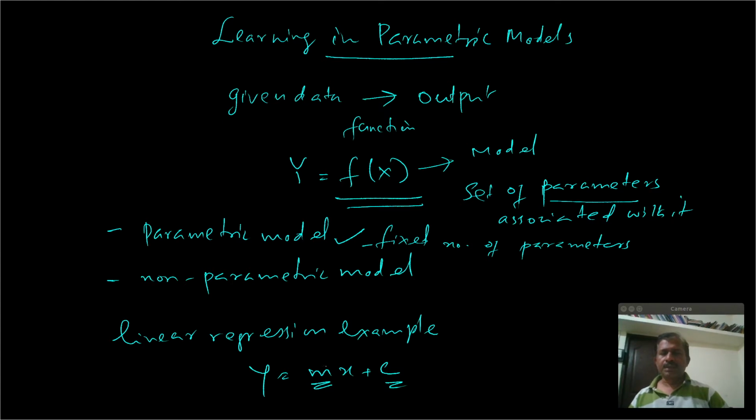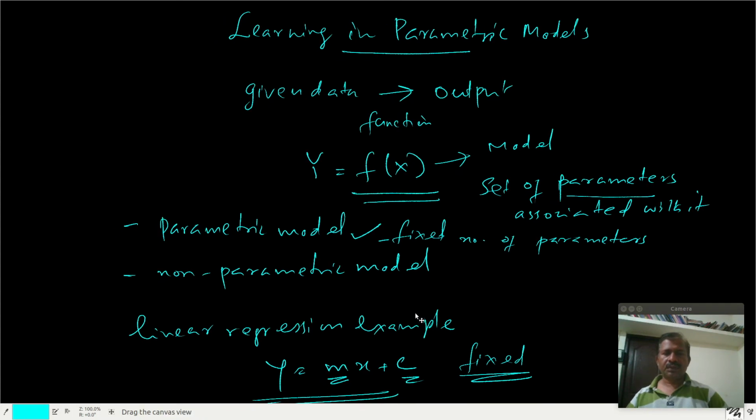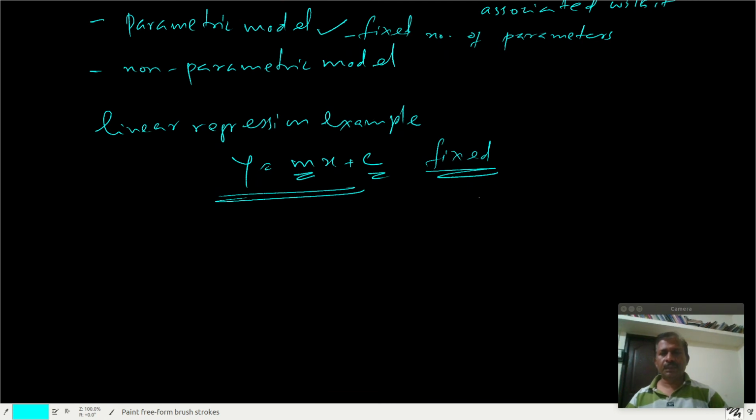So m represents all the coefficients of the function that you have learned, and these are fixed actually. So once you come up with this model, whatever additional data points you throw at it, the model is not going to change, right? The model will remain the same. So that's why we call the parameters fixed. This is called a parametric model, right?